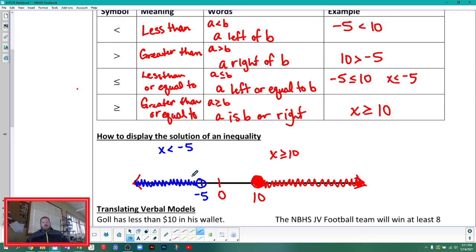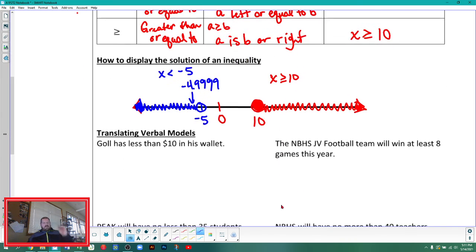Well, so does -4.5 or -4 3/4, right? Everything up until -4.9999 works, even that one works. So it's not enough to just think about whole numbers. We've got to think about decimals too.